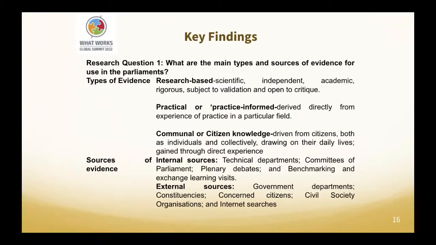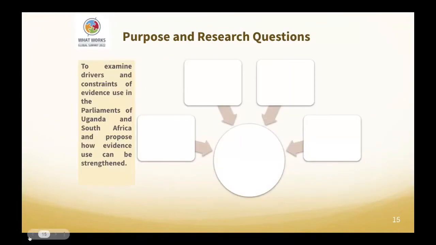I don't know if the text jumped off, but in the previous slide, the first box is supposed to have the sources of evidence, and then the second box looks at the drivers, the third box looks at the constraints, and then the fourth one. And then the circle in the middle should be the one talking about evidence use in Parliament.